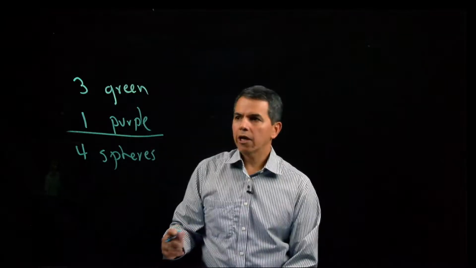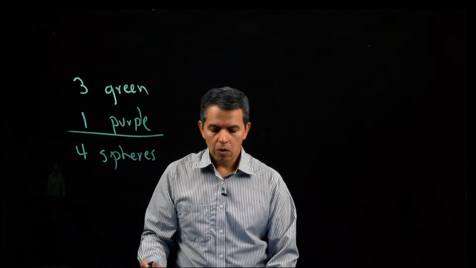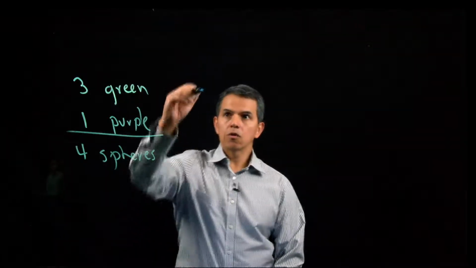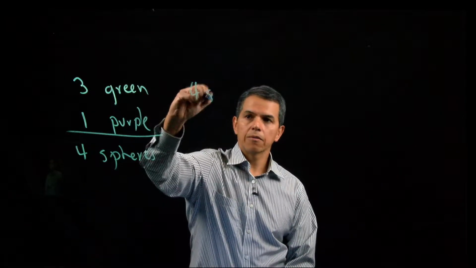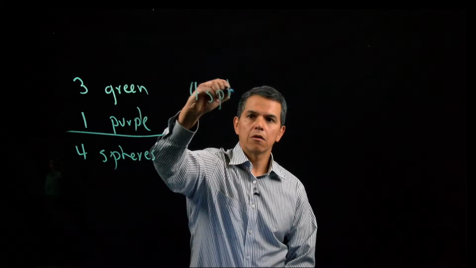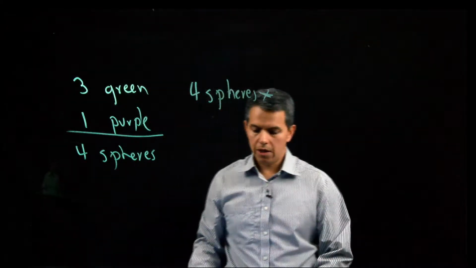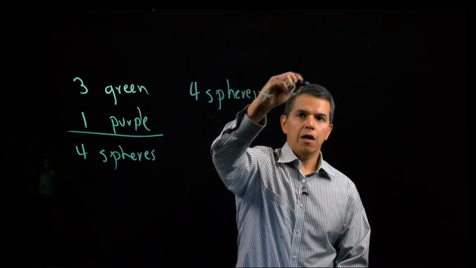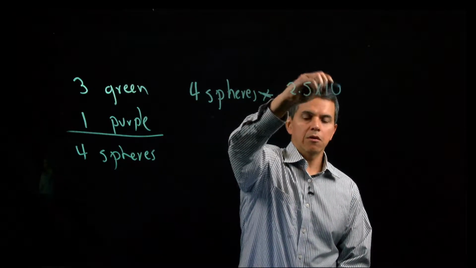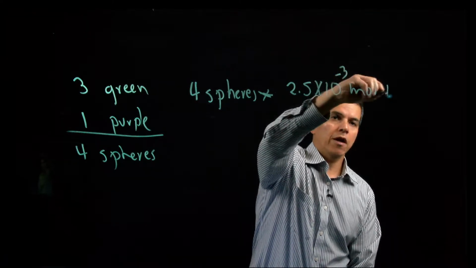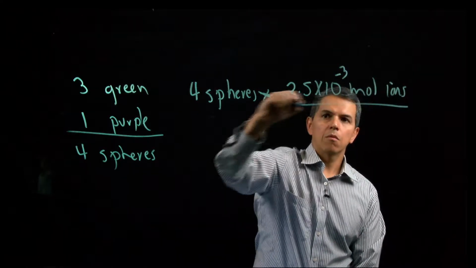Since we don't really care what the ions are, we are going to use 4 spheres. And the factor that was given in the problem is 2.5 times 10 to the minus 3 moles of ions per sphere.